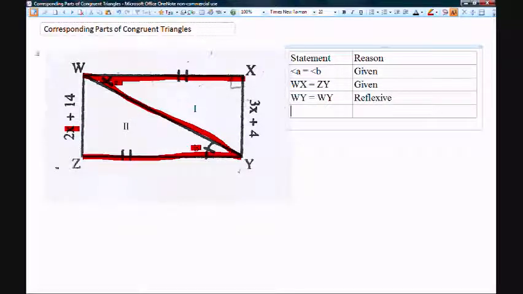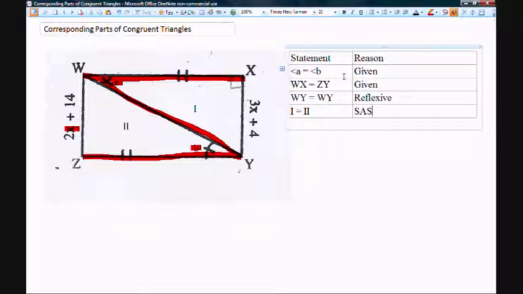Now, notice that you have two sides that are congruent and one included angle. Therefore, triangle 1 is congruent to triangle 2 by the side angle side postulate.